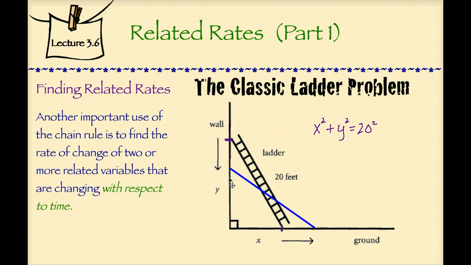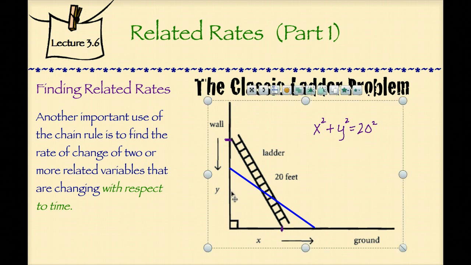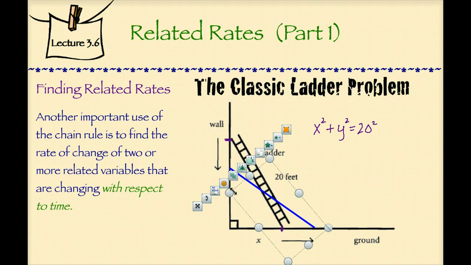The y distance is shorter, the x distance is longer, yet all three lengths are still related to each other by this formula. Here is another configuration of the triangle. Again, the pink line is the same length as the ladder, but a very different triangle, yet all three lengths are still related to each other by this Pythagorean theorem.